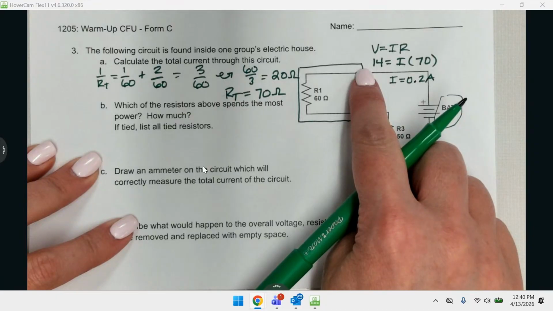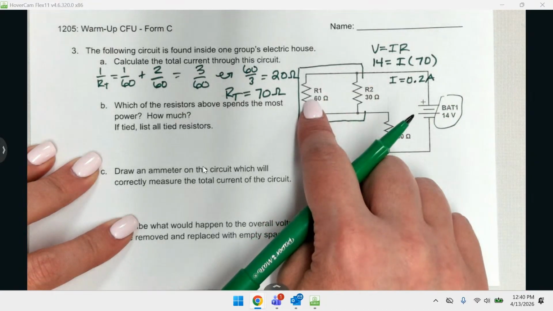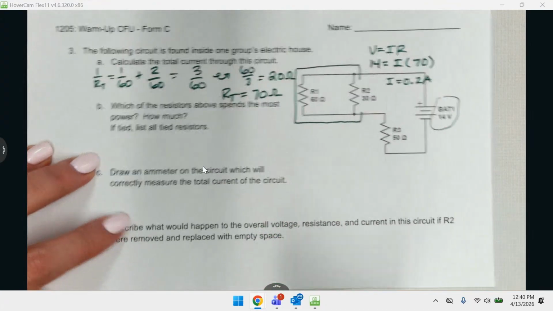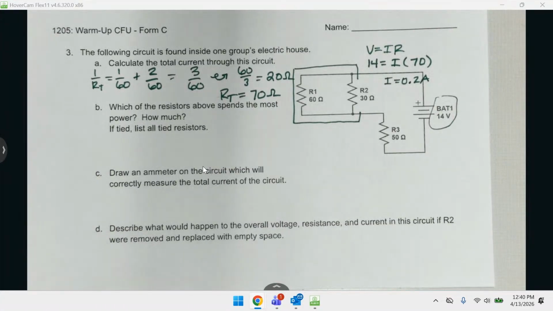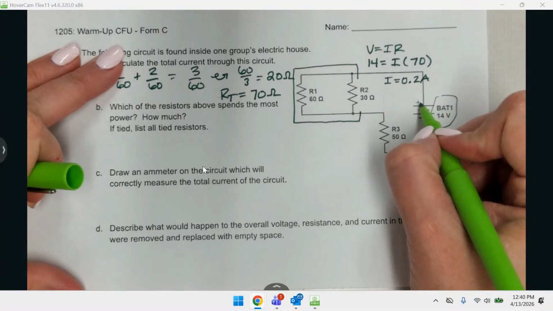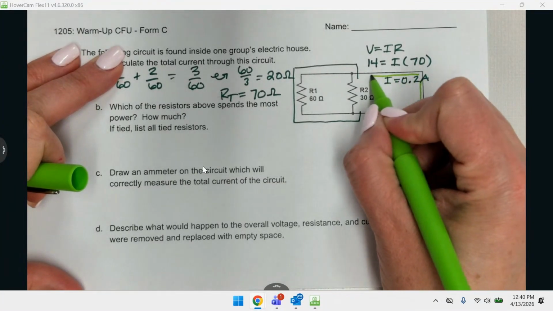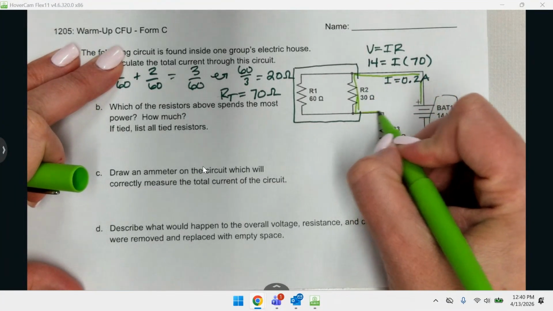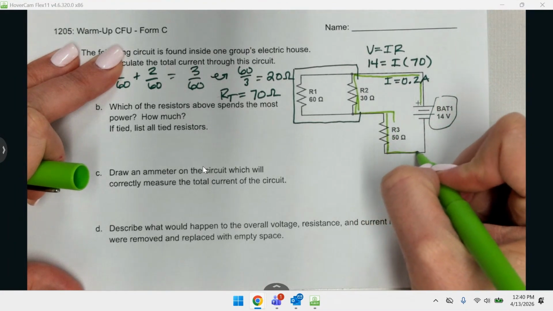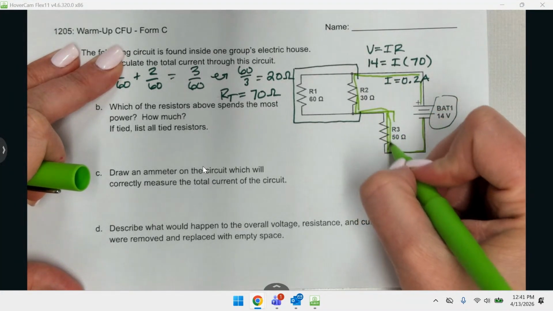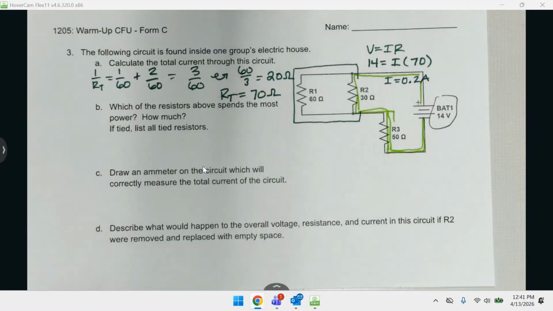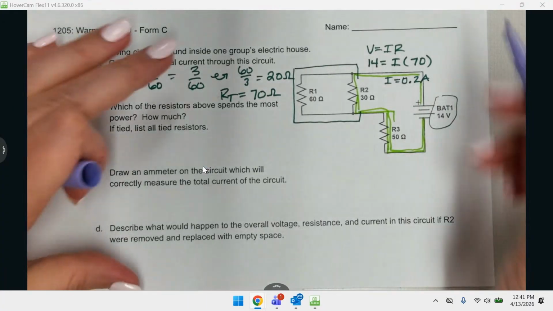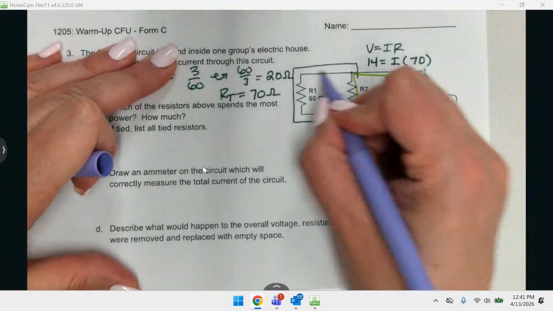Of course, it's going to split at this node. Some of it goes here, some of it goes here, comes back together, and we have the total. And again, if you have a combination circuit or a parallel circuit, please draw in your loops so that you can see that. One of the loops looks like this. Sorry, I didn't draw that very neat. But one of them follows that path. The other loop is following a different pathway.